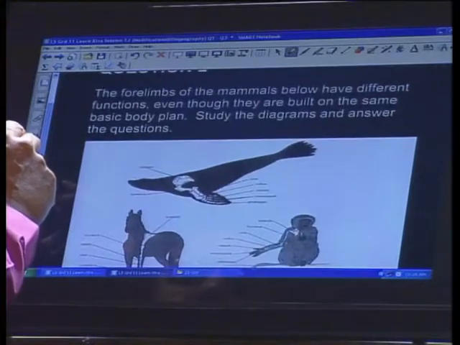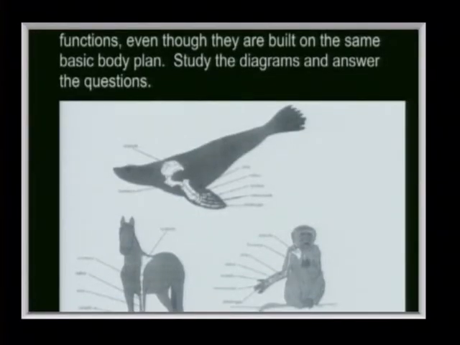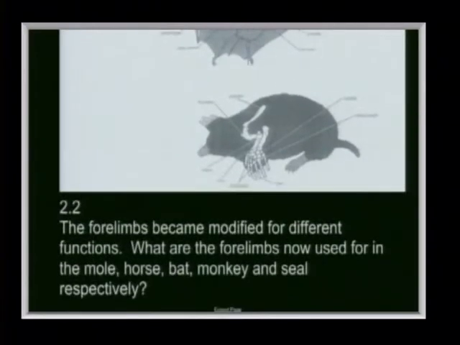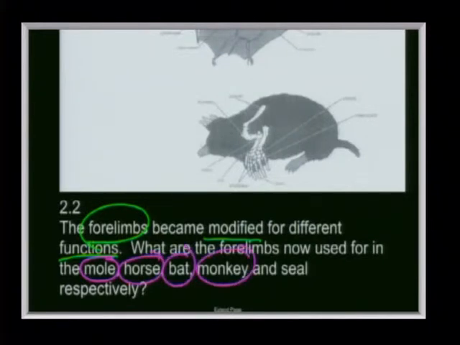Let's look at the next question. 2.2 asks, the forelimbs have been modified for different functions. So, what are the forelimbs now used for in the mole? Here's the mole, the horse, the bat, the monkey, and then finally the seal, respectively.